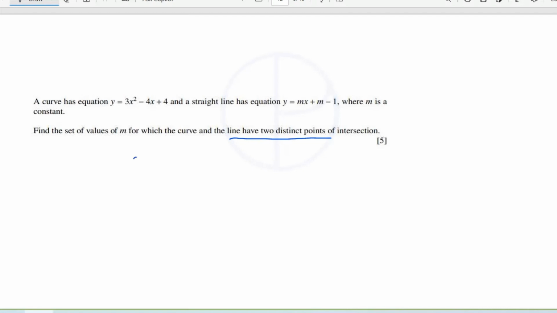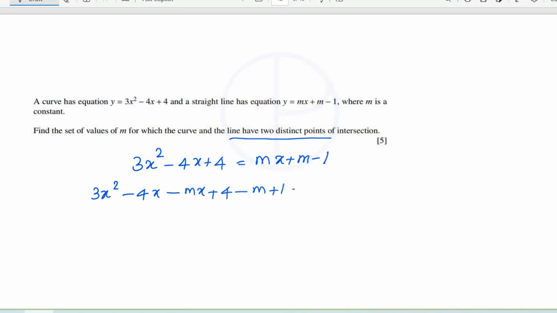It's given the curve and the line intersect, so we can equate the curve equation with the line equation. 3x squared minus 4x plus 4 equal to mx plus m minus 1. First bring all the terms into one side and find the roots of the quadratic equation. 3x squared minus 4x minus mx plus 4 minus m plus 1 equal to 0.